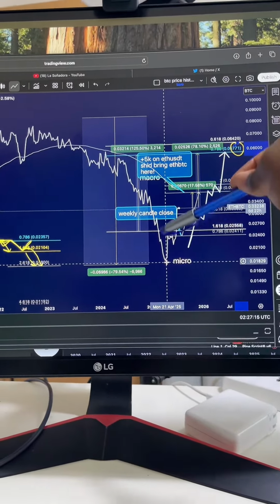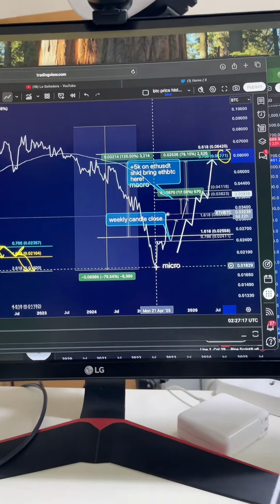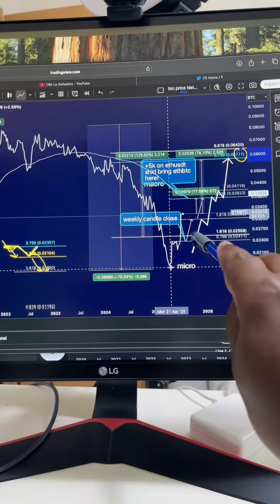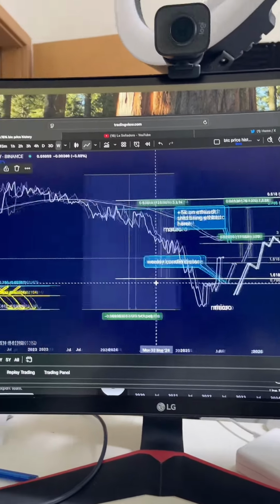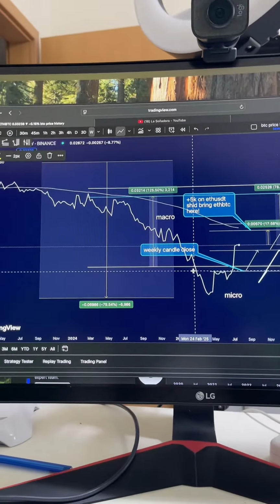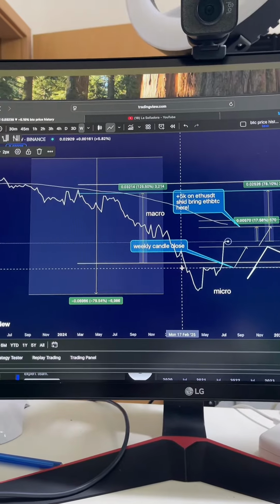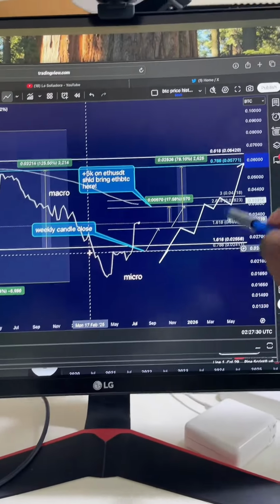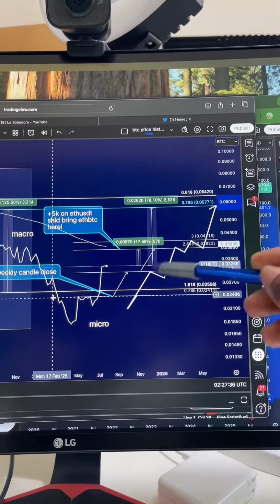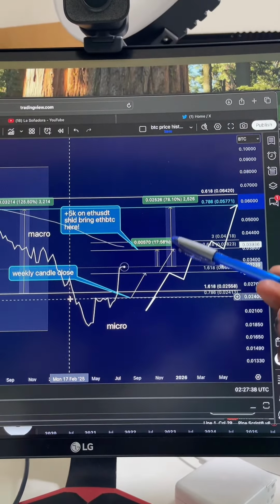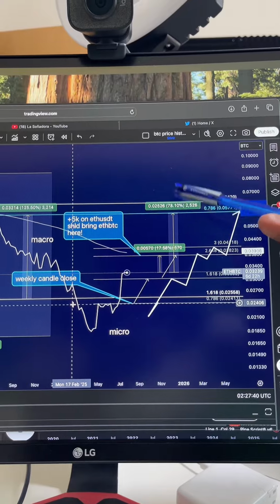You could have some type of move to the downside and then a continuation to the upside, but you will still be respecting that 1.618, which therefore means that our macro target for Ethereum BTC is from this 1.618 to this 786 right here. From current price, that will mean about a 78% increase on ETH BTC.